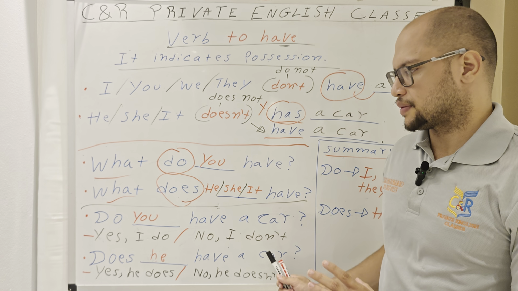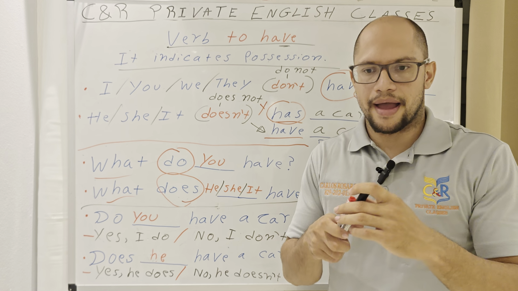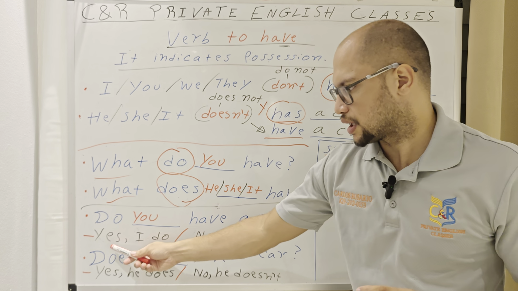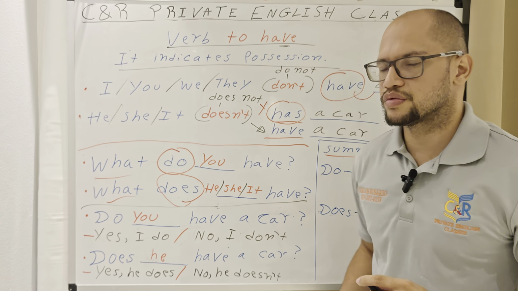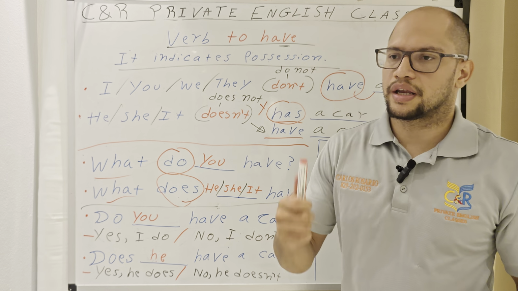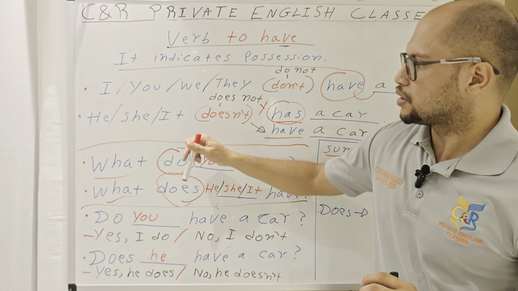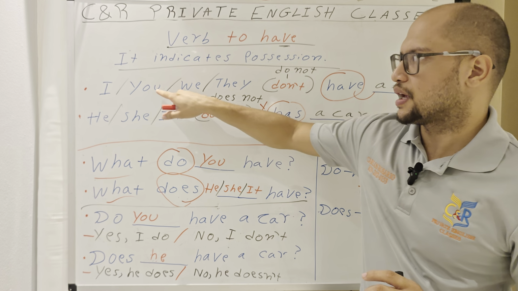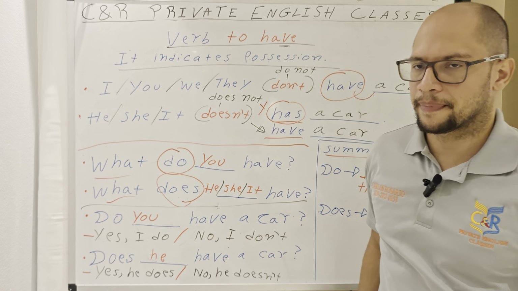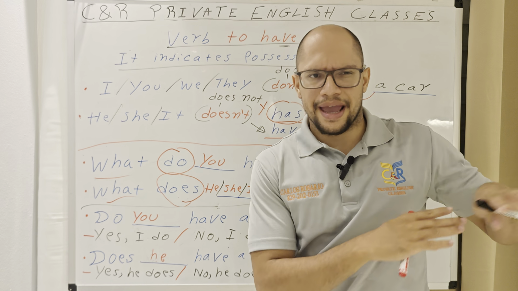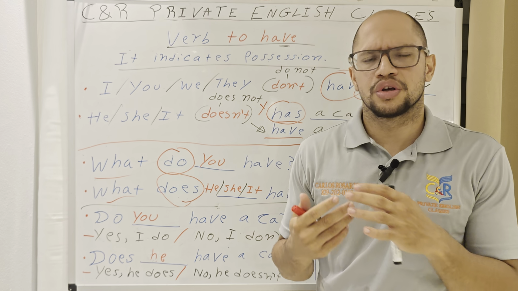No, I don't. Do you have a marker? Yes, I do. No, I don't. Do you have a car? Yes, I do. No, I don't. Remember here, you can replace it for I, we, or they. Do they have a house?